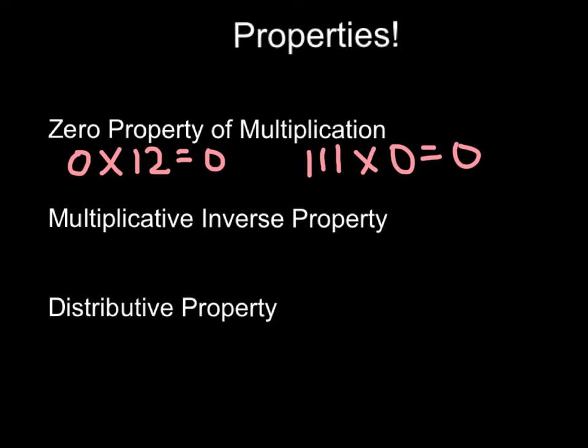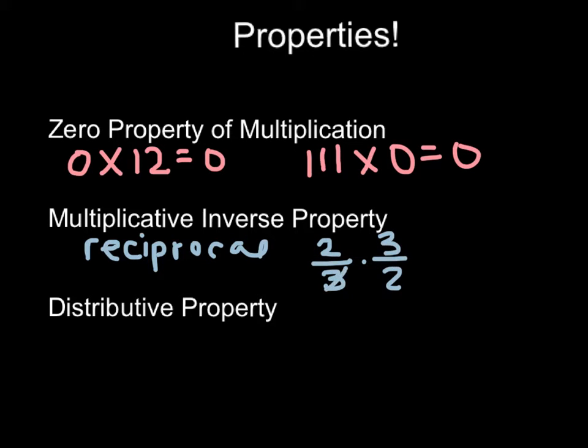It's easy. The second one is the multiplicative inverse property. Multiplicative inverse is a fancy word for reciprocal. Whenever you multiply a fraction by its reciprocal, watch what happens. If you take 2/3 times 3/2, if you use your cross canceling, you get 1/1 times 1/1, which is equal to 1.